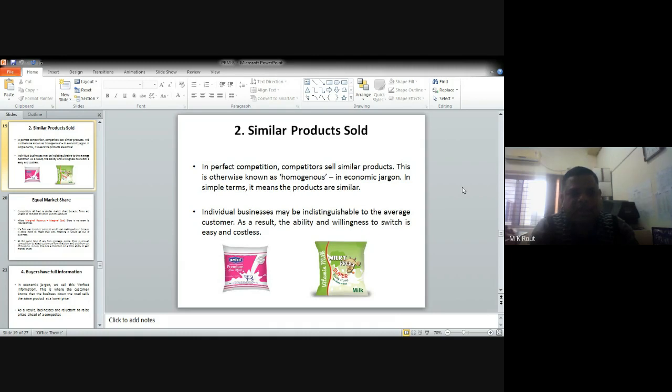In simple terms, it is known as similar product. Individual businesses may be distinguishable, but to the average customer the ability and willingness to switch is easy and costless. So that is why firms are selling similar products.